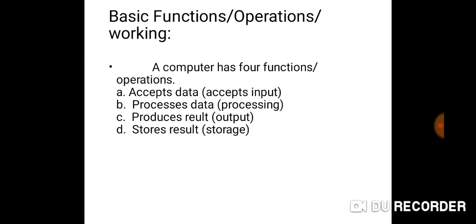Those functions are: number one, it accepts data, that we call input. Number two, it processes that data, that is called processing. Number three, it produces result, that is called output. And number four, it stores result, that is called storage. Now let us see them one by one.